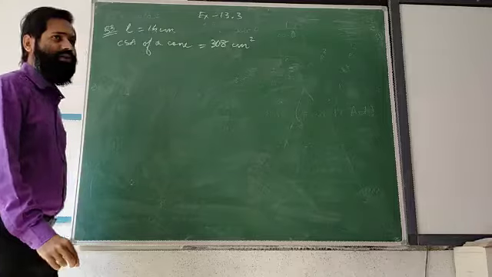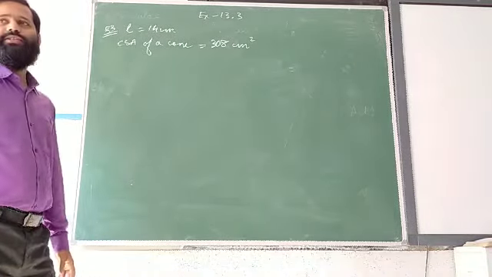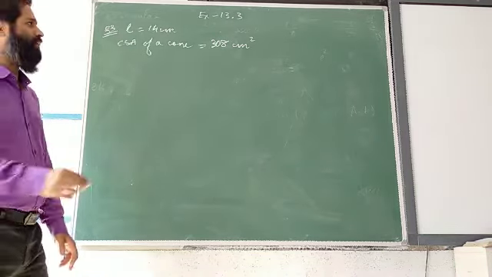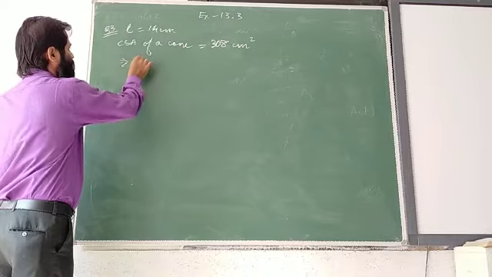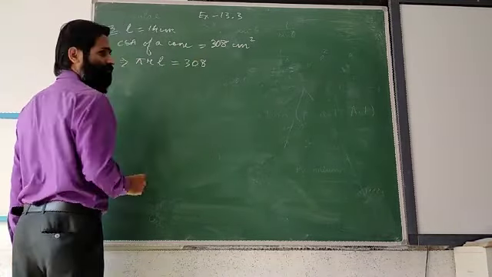This chapter you can't solve until and unless you know the formula. If you know the formula, then only you can apply. CSA of a cone is what? Pi RL. Pi RL equals to 308, right?